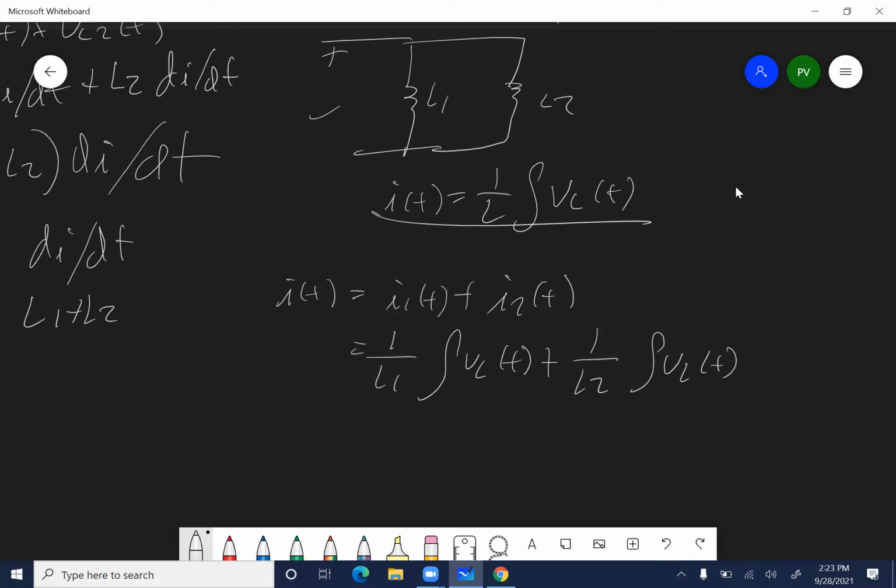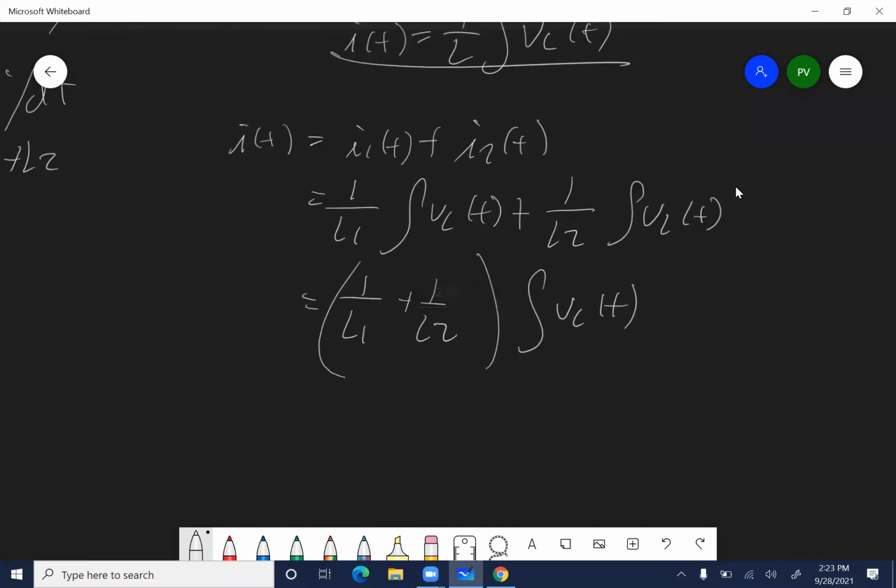Recognizing that the voltage VL of t is the same for both inductors allows me to factor out the 1 over L1 plus 1 over L2 times the integral of VL of t. So my 1 over L equivalent is equal to 1 over L1 plus 1 over L2. Exactly what we expect to get.